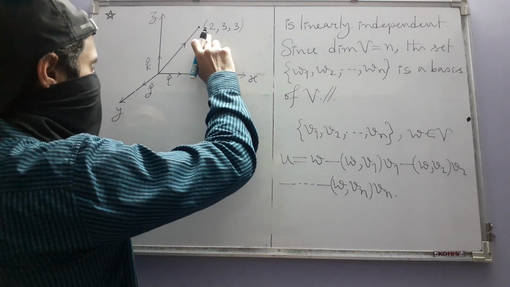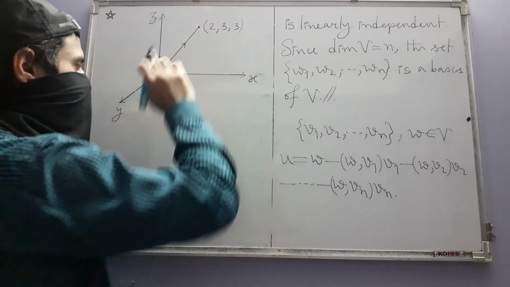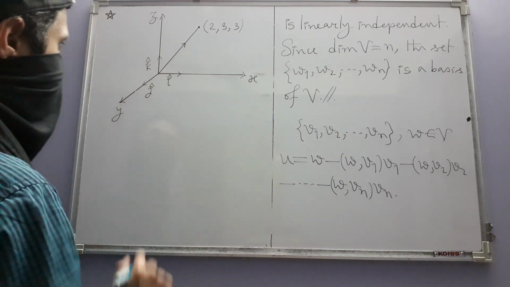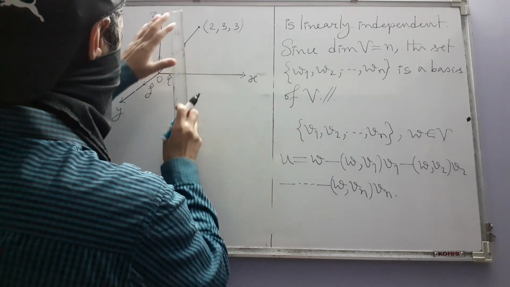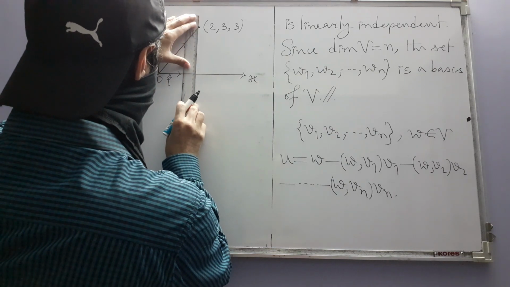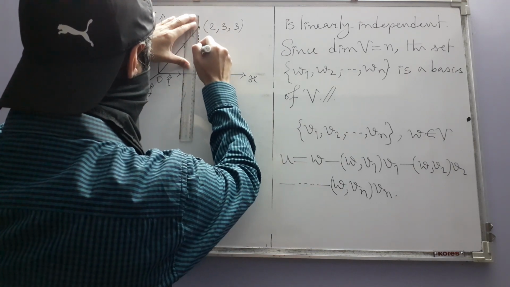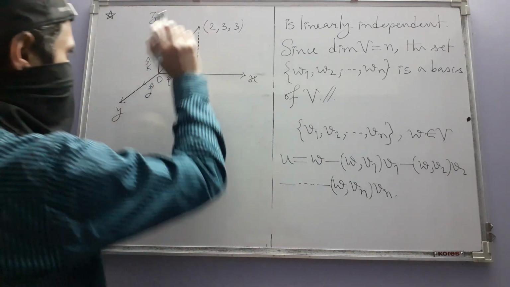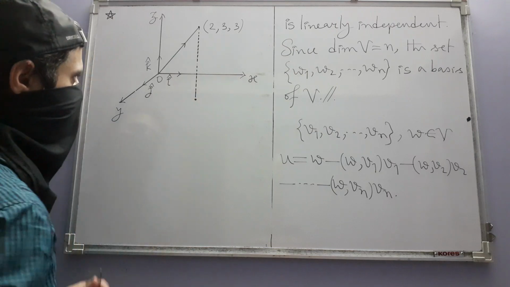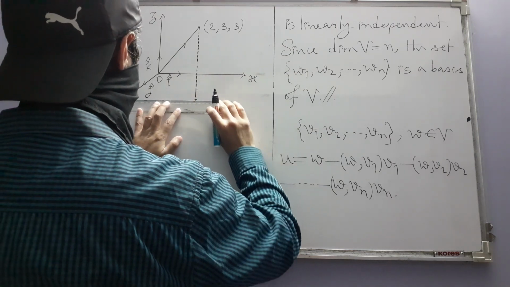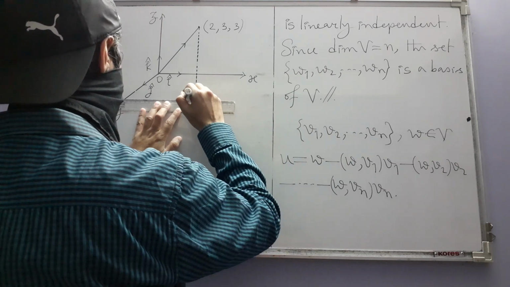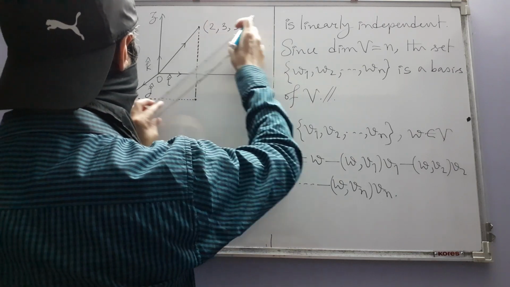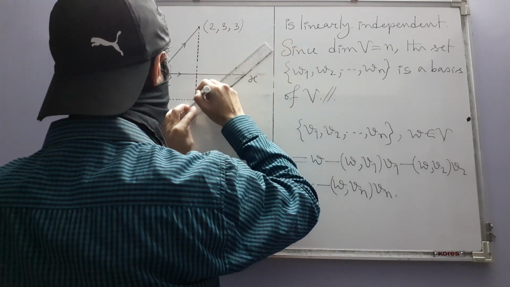If you identify such triples with their position vectors with respect to some already given system of axes, some origin. Now what happens is that you can draw a perpendicular from the terminal point of this vector on the xy plane, and then you can further draw perpendiculars from that point on the x and y axis.